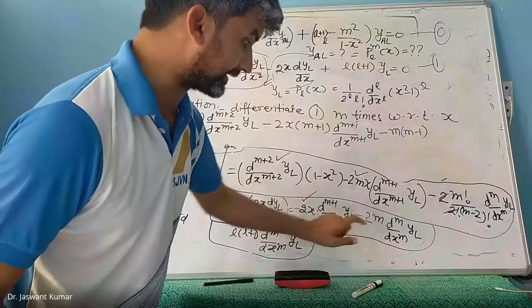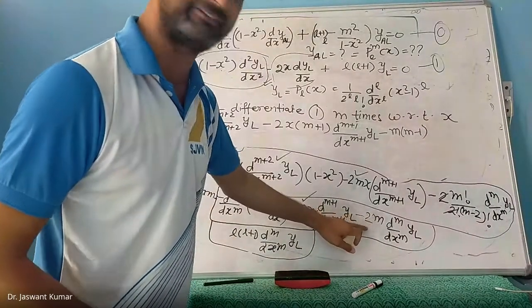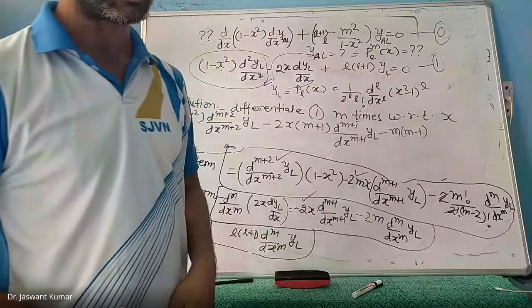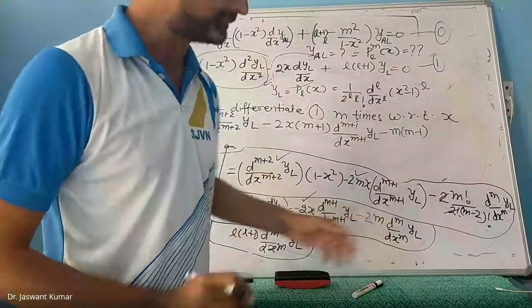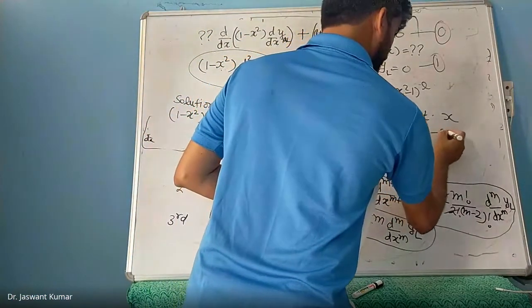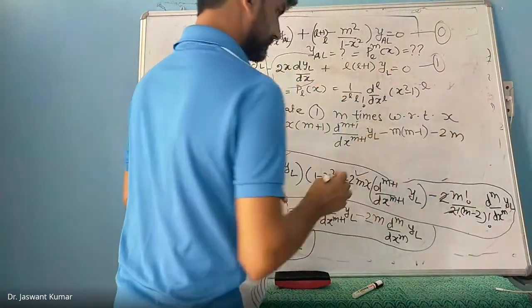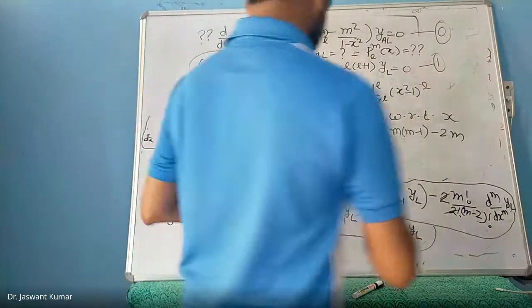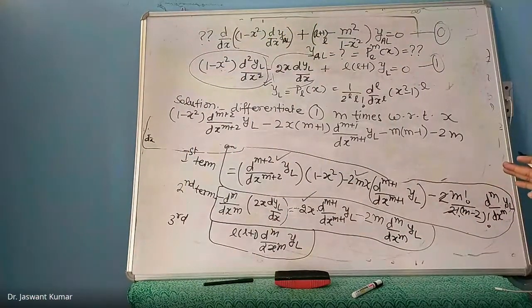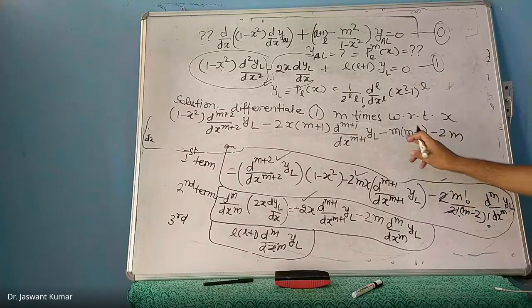Okay, sir. Clear. Okay. What is the term over here? What is the derivative over here? Minus 2m. So we write a minus 2m, so that it does not create any confusion at a later stage. Okay. So if we take this minus common, then this will be minus here and this will be plus over here.